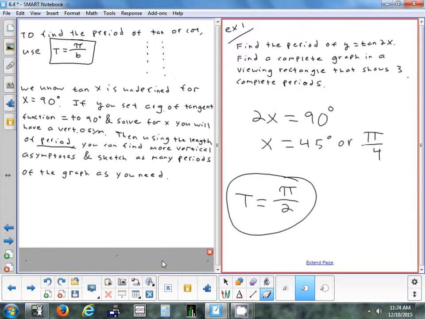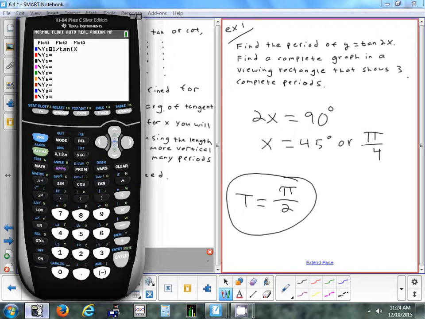All right, so where should I set my x-min so I get a nice graph here?